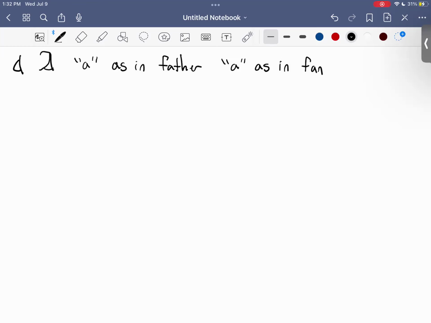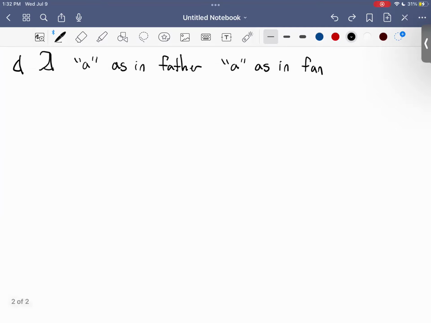But usually it's A as in father, which is why when we talk about Adam, as in Adam and Eve, when you read Adam in Coptic, it's Adam, because the second A is as in father, rather than the more Americanized Adam. So it's not usually going to be this one, it's more often going to be this one, as in father.